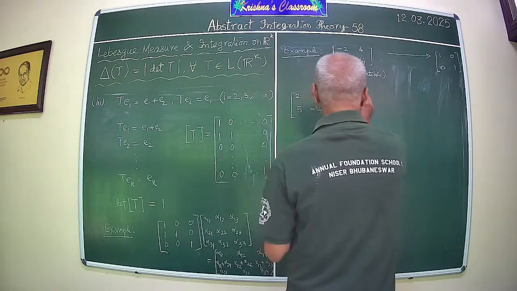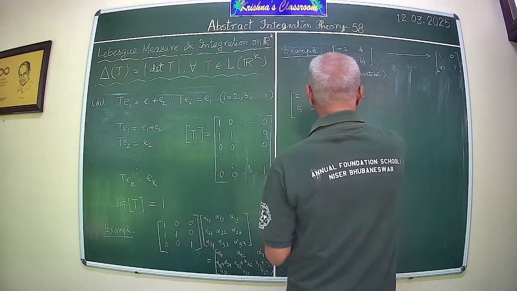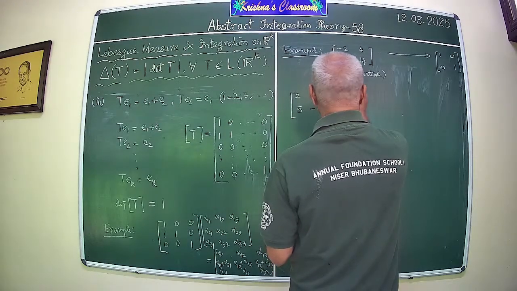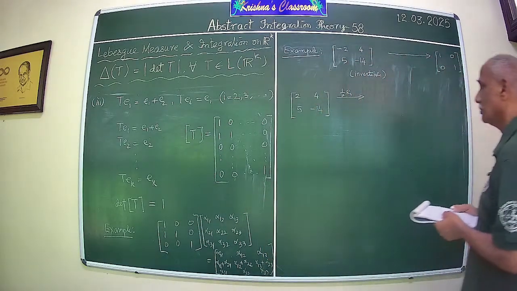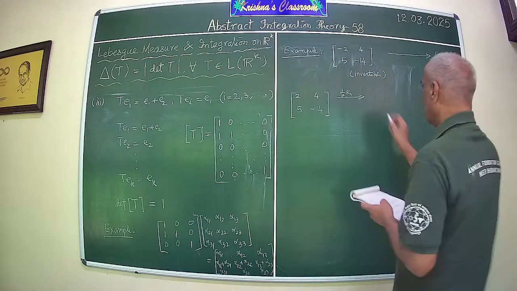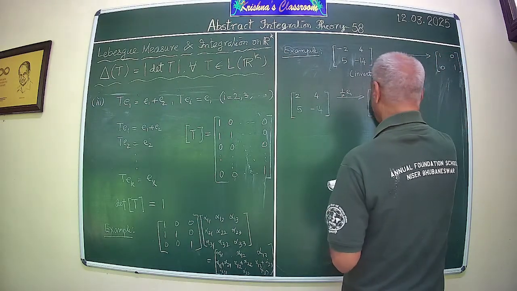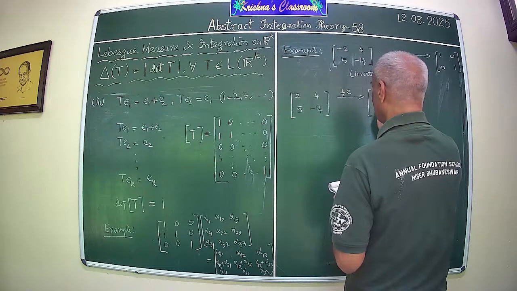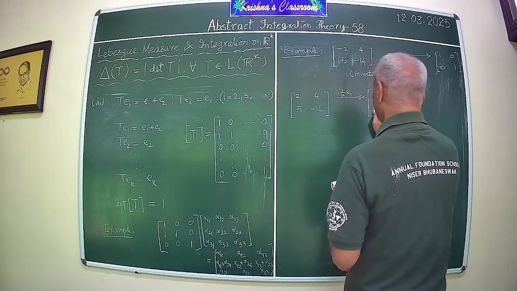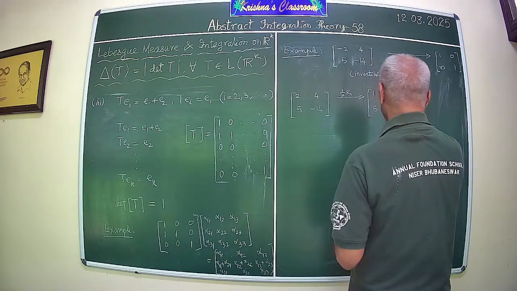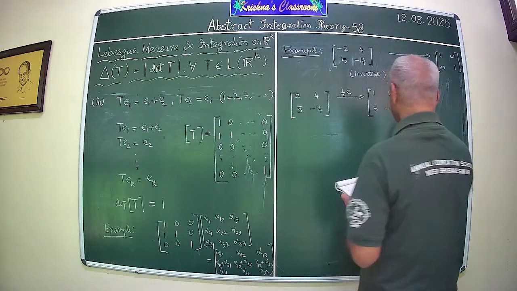Okay. First row. That will lead to, what is that? 1, -2, 5, -14. The rest, as it is.